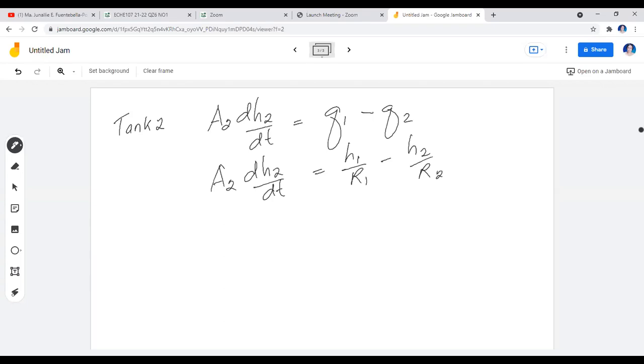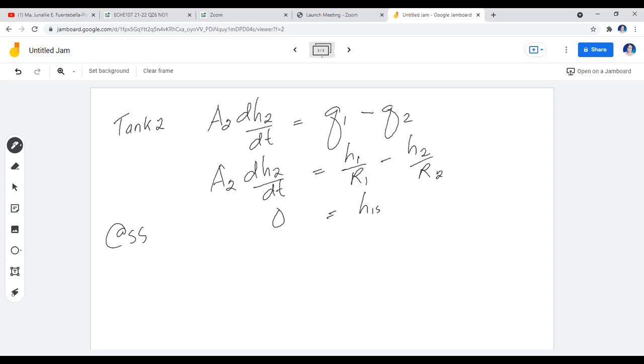We have encountered this in the introduction to this module on physical systems, the liquid level system. Now, we'll try to transfer this H2 in here, but before that, of course, just like what we do when we determine transfer functions, always evaluate at steady state.